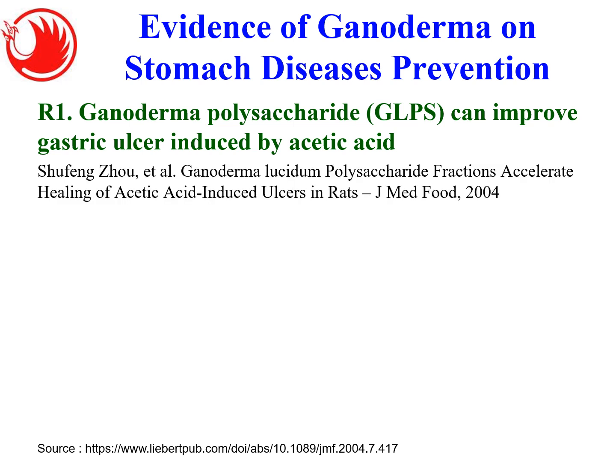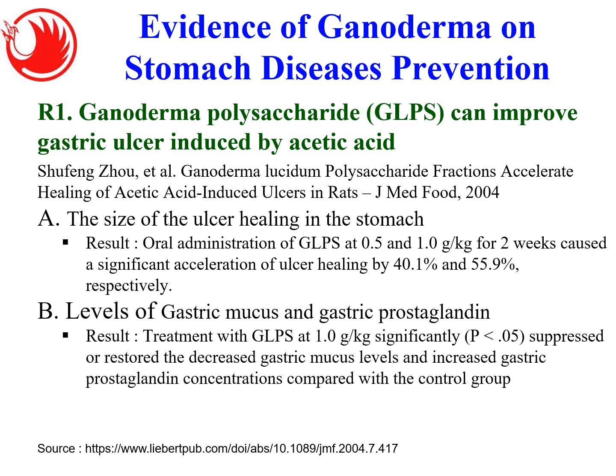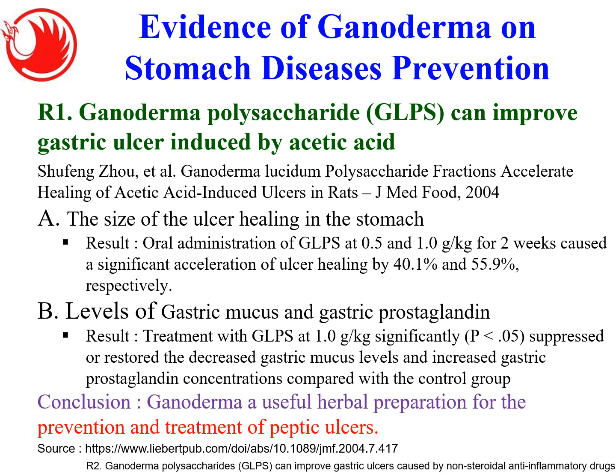So next we look at the research. So this is the so-called evidence-based research. Actually, this research was done by Singapore NUS, looking at how Ganoderma polysaccharide can actually help to improve the gastric ulcer induced by the acetic acid.